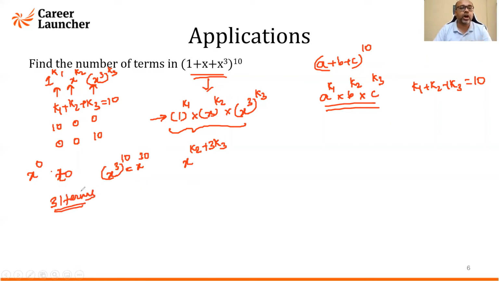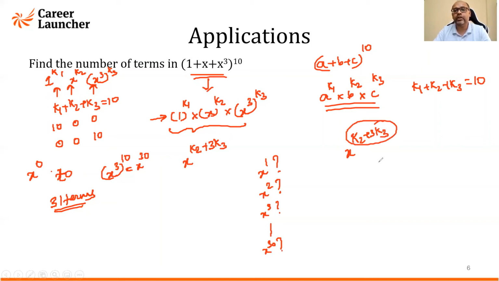Now your job is to figure out which of these terms is not possible. Can you get x power 1? Can you get x power 2? Can you get x power 3? Like this, you have to check whether you can get up to x power 30. Now, x power 1 is possible because you are looking at x power k2 plus 3k3.